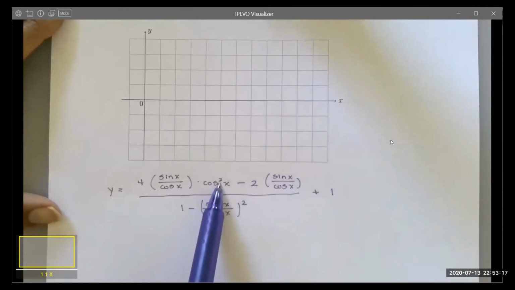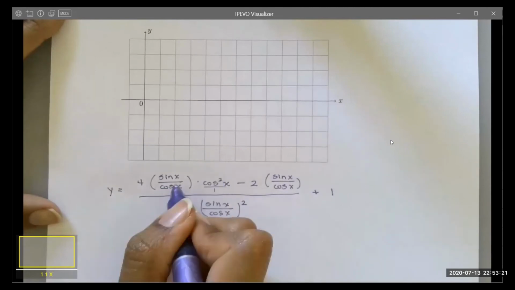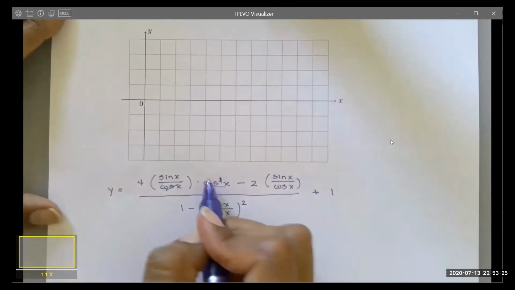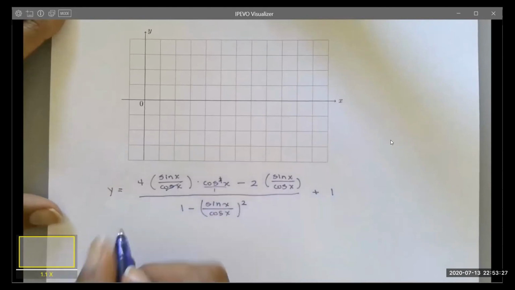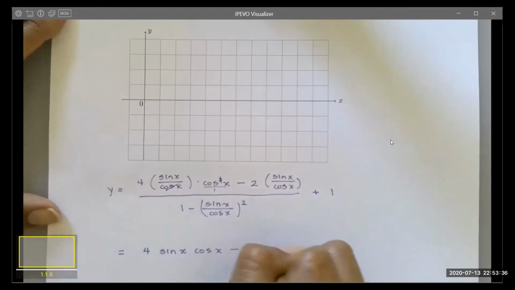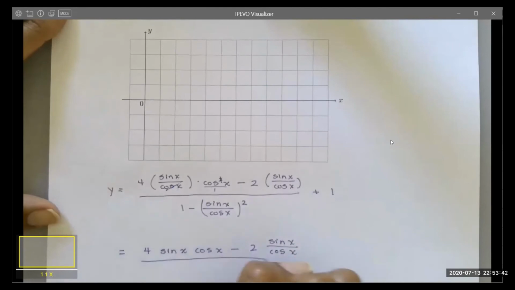The cosine squared over 1 multiplied with the sine over cosine, this cosine will cancel and this square will cancel, because essentially we have cosine times cosine. So one of them is going to divide out to a 1, and we're going to end up with a 4 sine x times a cosine x minus a 2 times sine x over cosine x, all over a 1 minus sine squared x over cosine squared x.